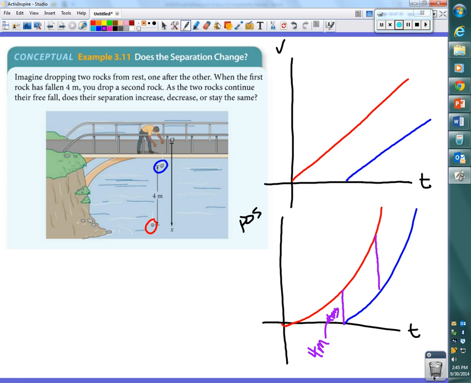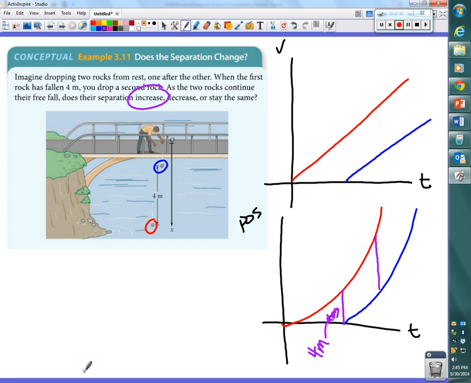Because remember, this is a position graph, so it's telling us where. Here, they start 4 meters apart. The second purple line, because it's longer than the first, means now they are farther apart. So their separation increases.